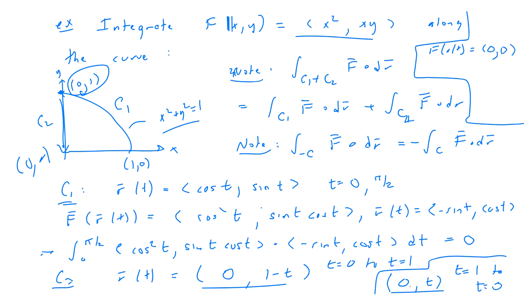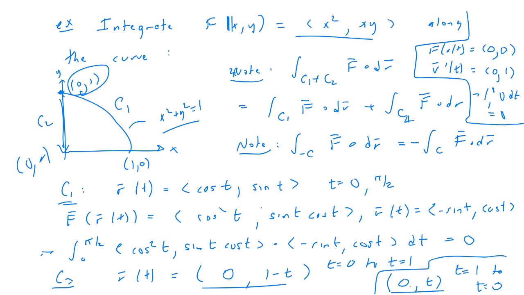So I plug that in. I take the derivative of this, which is just 0, 1. And so I get the integral from 1 to 0 of 0 dt, which is also 0. So this whole thing is 0. It happens when I make up something, everything becomes 0. So same thing: I do the 2 pieces.